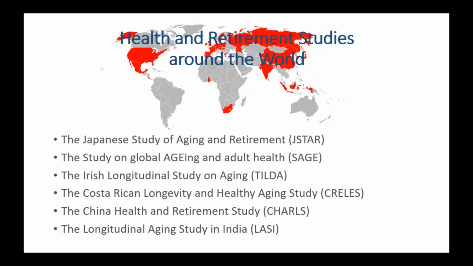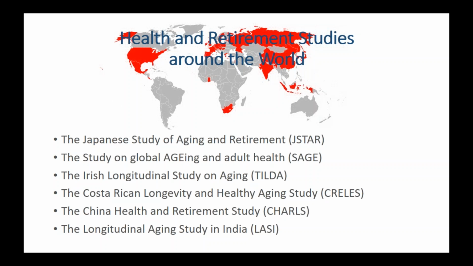SAGE is a multi-country study conducted by the World Health Organization that includes Russia, Mexico, China, Ghana, and South Africa. The Irish longitudinal study of aging is called TILDA. The Costa Rican study on longevity is called CRELES. The China Health and Retirement Study is called CHARLS, and the longitudinal aging study in India is called LASI.